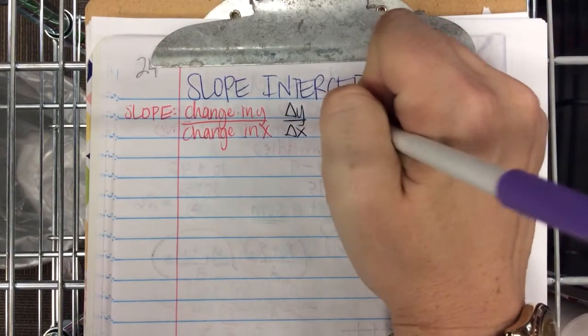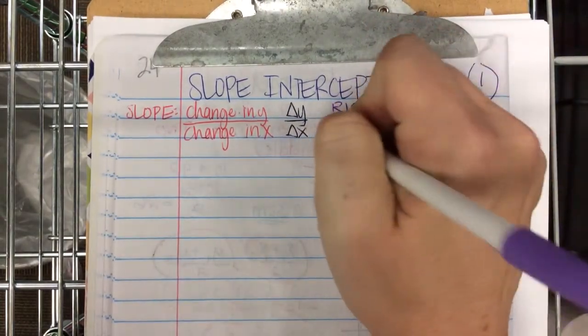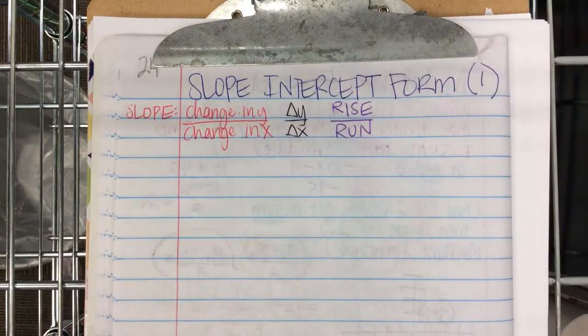We also have rise over run, which is when you have a graph, a picture. You count the rise over the run.